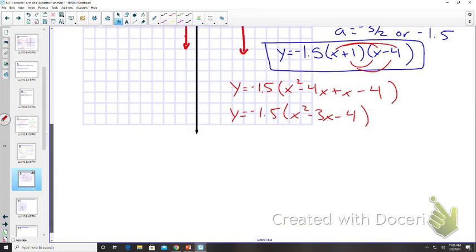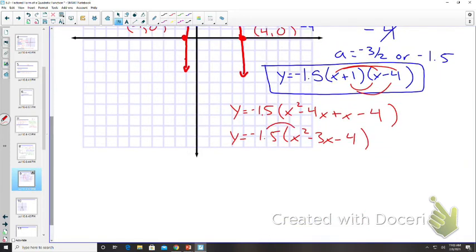Now I need to put this in. So y will equal -1.5 x squared plus 3 times 1.5 is 4.5. Yeah. It is 4.5x. And then negative 4 times negative 1.5 turns into positive 6.